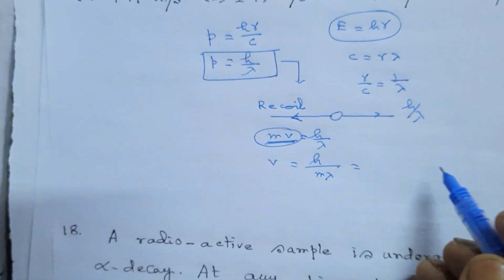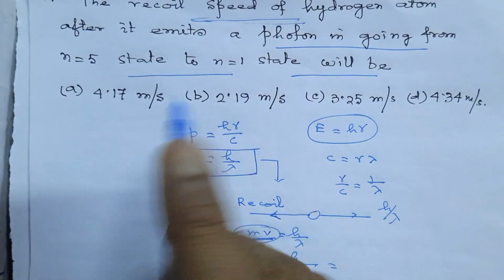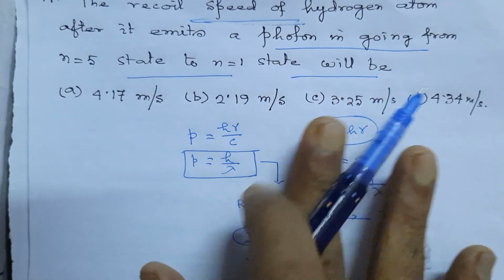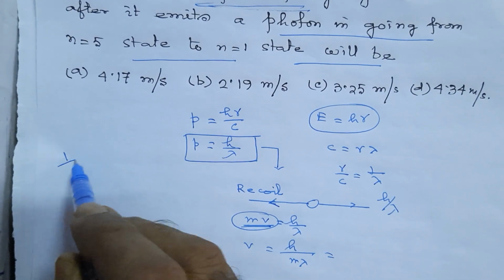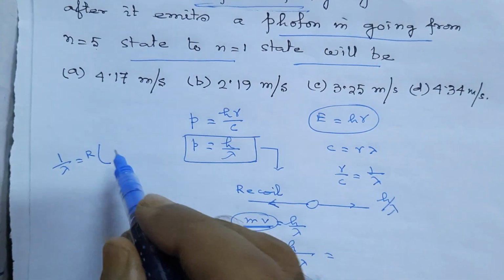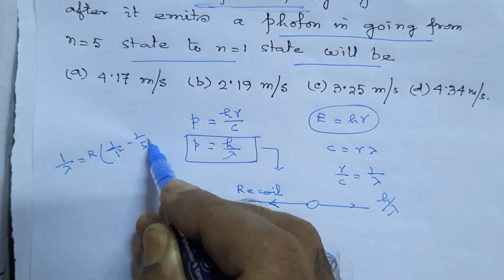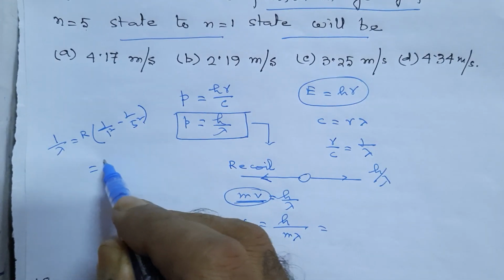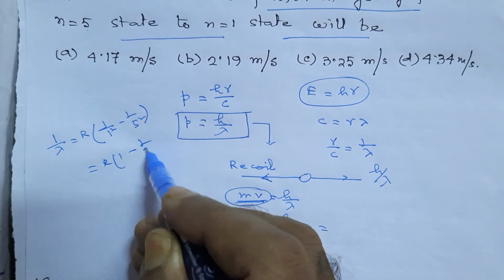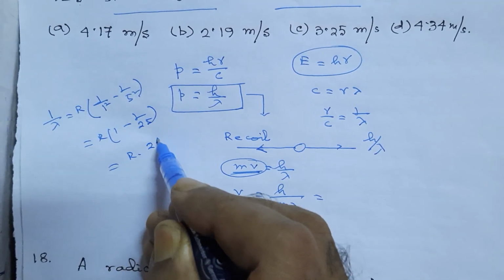Again, lambda comes from the transition n equals 5 to n equals 1 state. So 1 by lambda equals R into (1 by 1 squared minus 1 by 5 squared), that is R into (1 minus 1 by 25), that is R into 24 by 25.